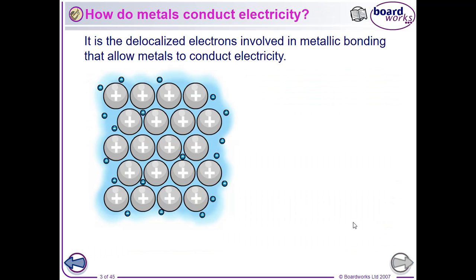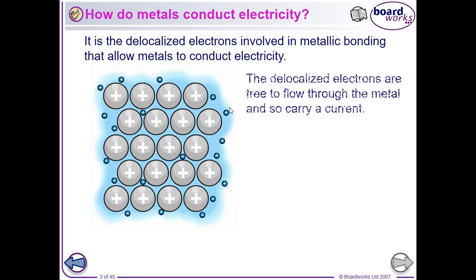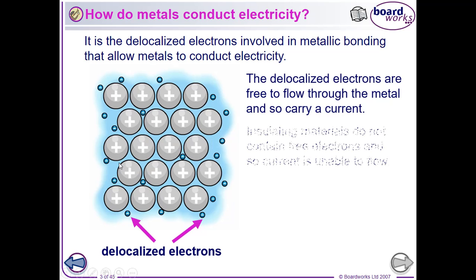Now, why do metals conduct electricity? When metal atoms bond together, they free up electrons, and these electrons inside the metal are able to move around. In chemistry, we call them delocalized electrons, but these are free to move in amongst the atoms of the metal.